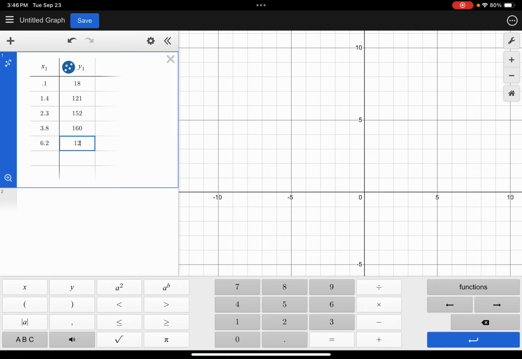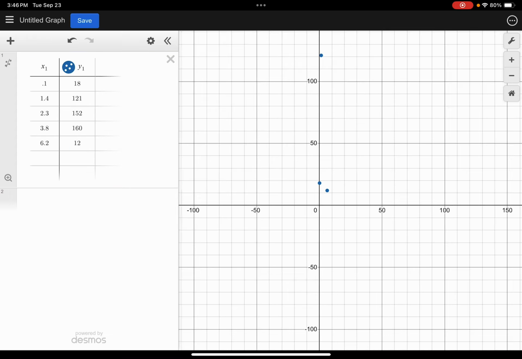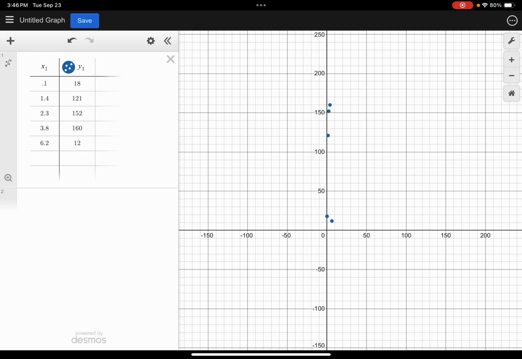Okay, and so now what this will let me do, well, okay, let's see. Is there a way for it to find things for me? I think I typed something in wrong. No, that's the equation I made. 1.1, 1.4, 2.3, 3.8, 6.2.